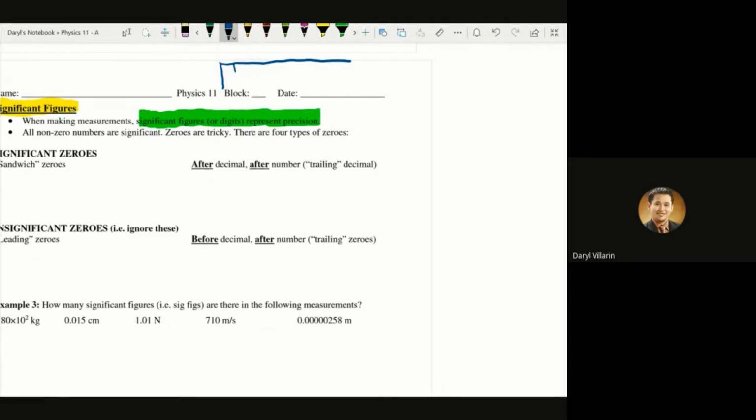Most rulers have the starting line at 0, and then you have 1, 2, 3, 4, 5, 6, 7, 8, 9, 10, and then you have 1, 2, 3, 4, 5. So usually this is what you see in a ruler.